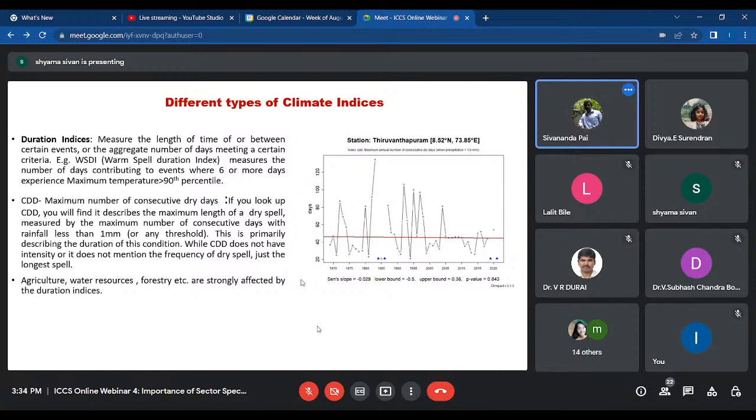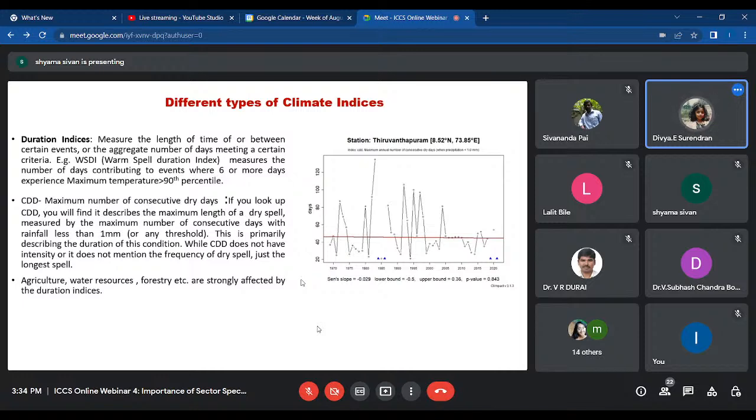Okay. So the third type of index is the duration index. From the word itself, we can say how long that particular event has continued. So this will help to identify the length of any event. Here the example is warm spell duration.